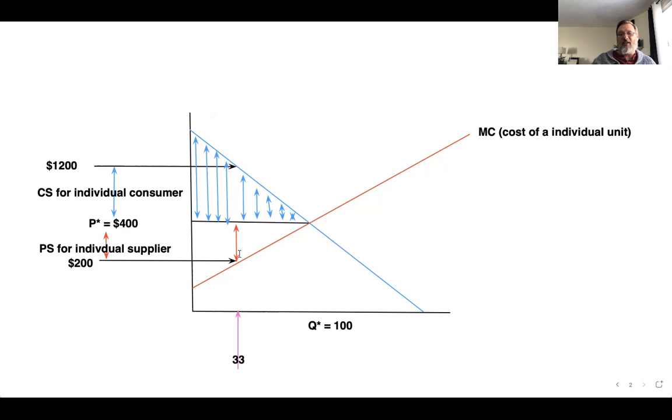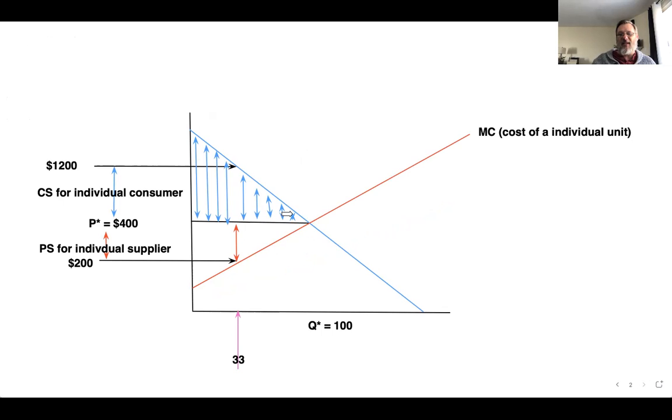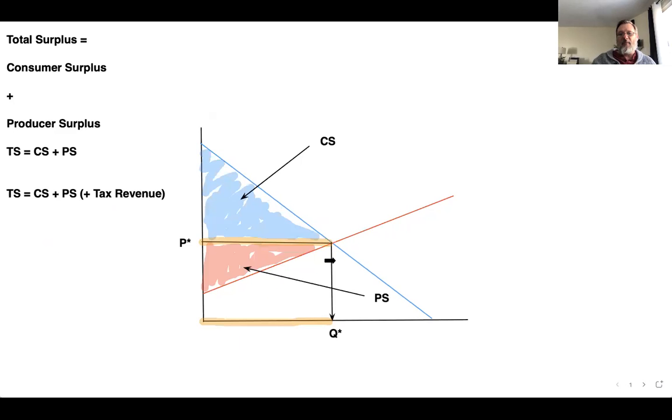If that's what you mean by red zone, you mean the red arrow here for the individual producer that we're talking about. Or the area would be for all of those profits for all of the producers, like we did for the consumers with all the individual arrows, showing it adds up to the area. Yeah, this is like the profits aggregated across all of the producers.